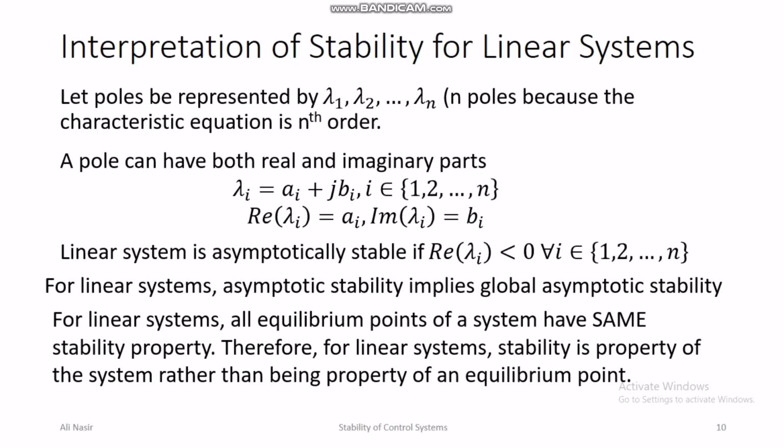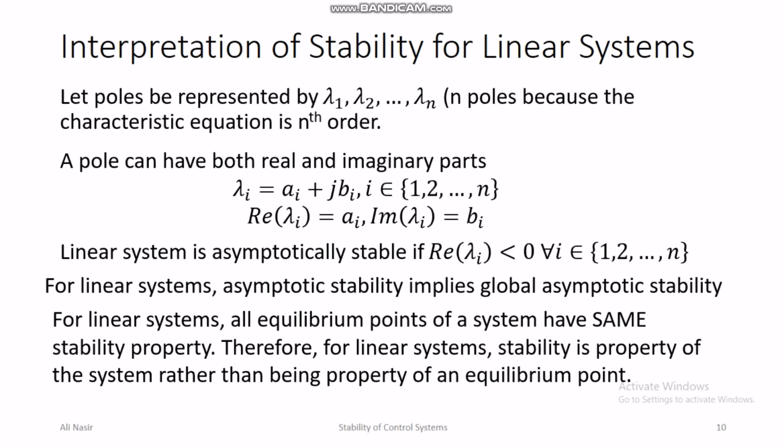So therefore for linear systems, you can say that the system is stable rather than saying that the equilibrium point is stable. For nonlinear systems, different equilibrium points may have different stability properties. One equilibrium point may be stable, another may be unstable, another may be asymptotically stable.